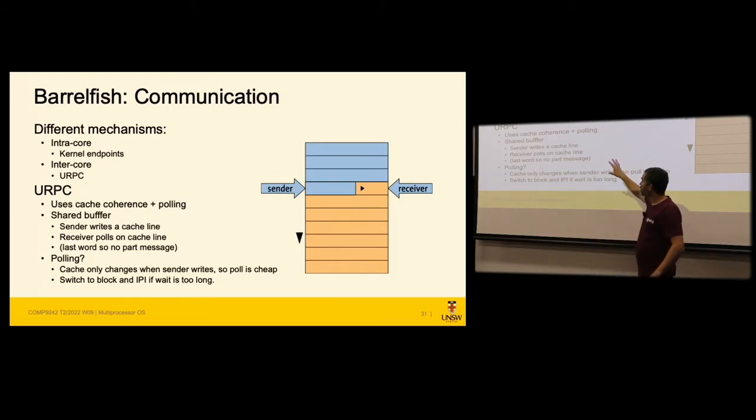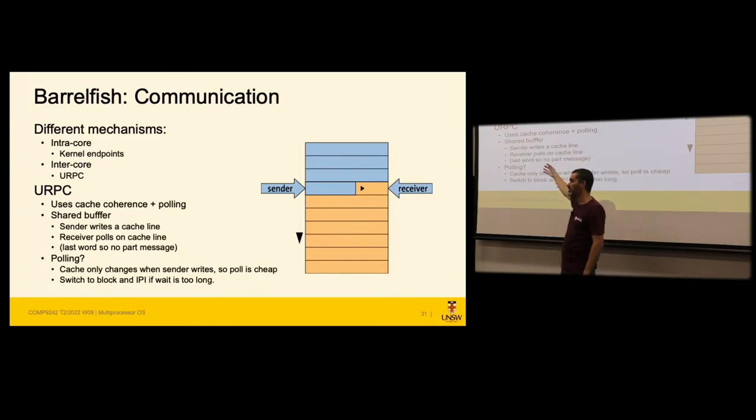The idea is to abuse the cache coherence that the processor implements to do your message passing. So they create this shared buffer, with anyone who wants to communicate with anyone else. They allocate memory, and they share cache lines.